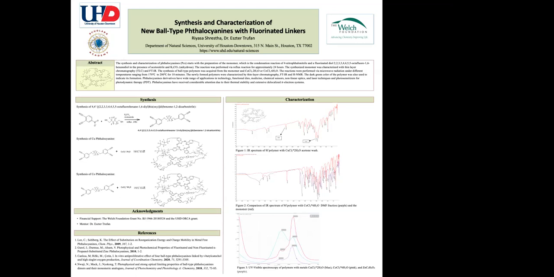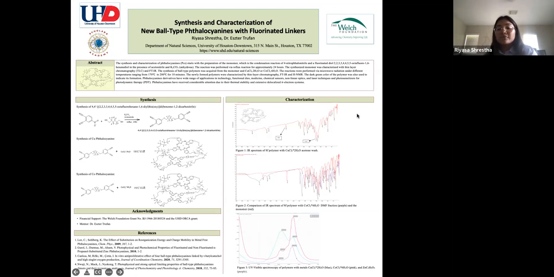So are there, I guess, any goals for future work that you are considering for this project, or that maybe Dr. Truffin will have in mind for it? Yes, so the main focus right now is to just purify the compounds that I have, since they're not as pure.